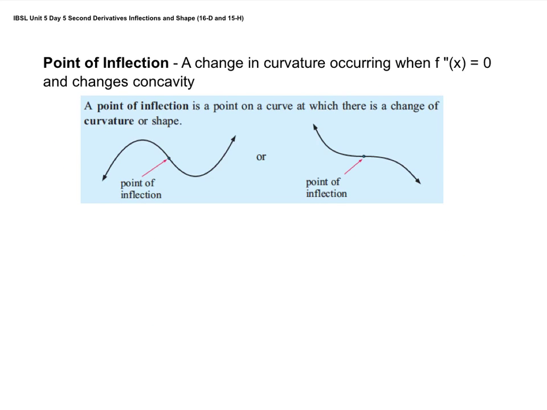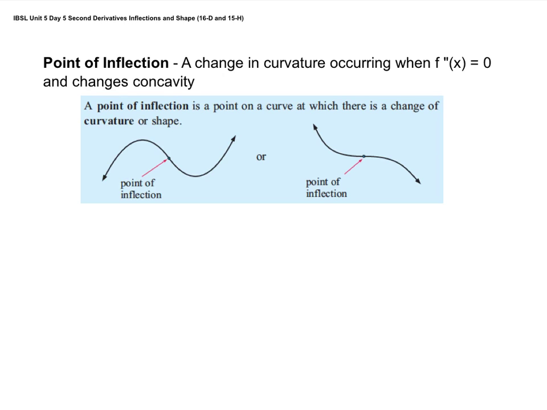Now, what we're looking at here is what's known as a point of inflection. A point of inflection is a point where we change from being concave up to being concave down, or vice versa. It's a change in curvature. Now, we looked at the change from increasing to decreasing, or vice versa, with our first derivative.